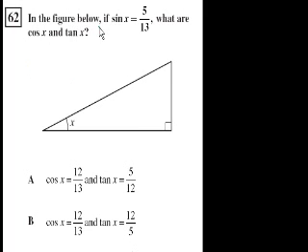In the figure below, if sine of x is equal to 5 over 13, what are the cosine of x and tangent of x? I don't know if you've seen the basic trigonometry videos, you might want to, but a good mnemonic for memorizing sine, cosine, and tangent is SOHCAHTOA.